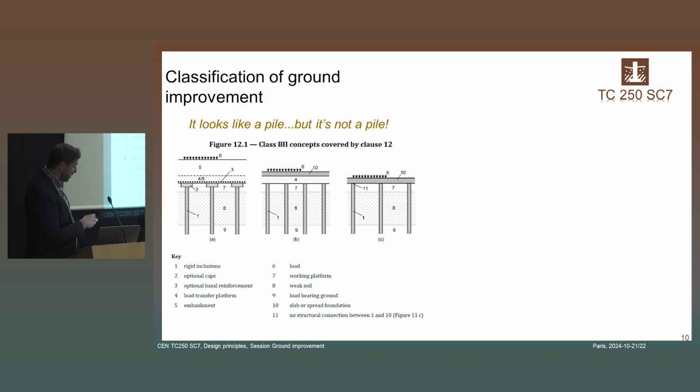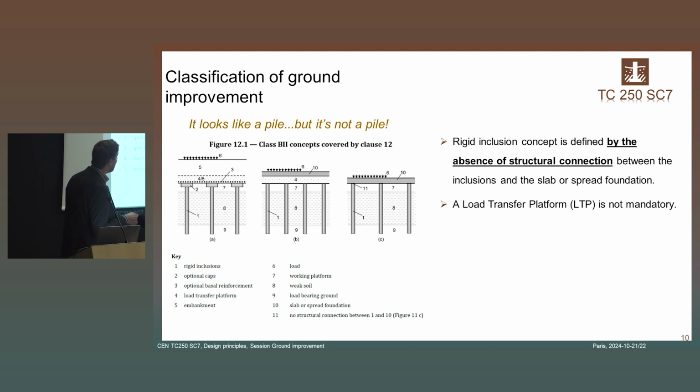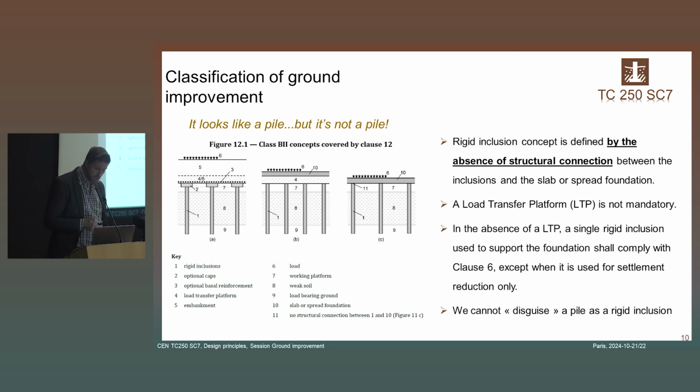First, the concept is based on the absence of structural connection between the top of the rigid inclusions and the supported embankment or spread foundation, by way of a load transfer platform or without a load transfer platform, because an LTP is not mandatory to have ground improvement. What is important is the absence of structural connection between the top of the rigid inclusions and the supported spread foundations.